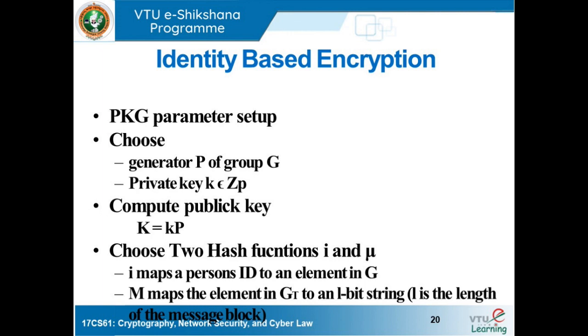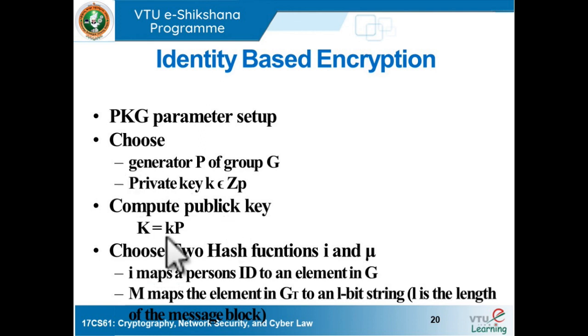First, let's start with the discussion of public key parameter setup. For that, the public key generator has to choose generator P. P is a prime number which belongs to the group G. Moreover, it also chooses a random number K. Now this random number is used to generate the public key of the PKG.